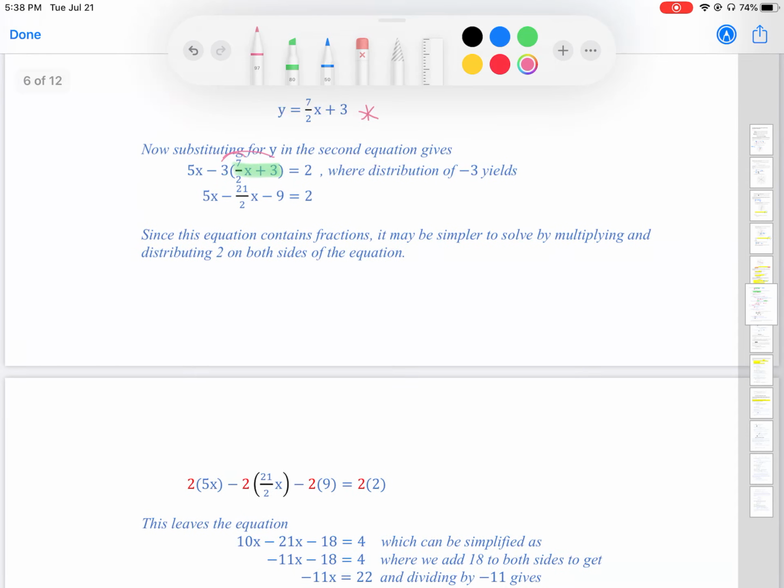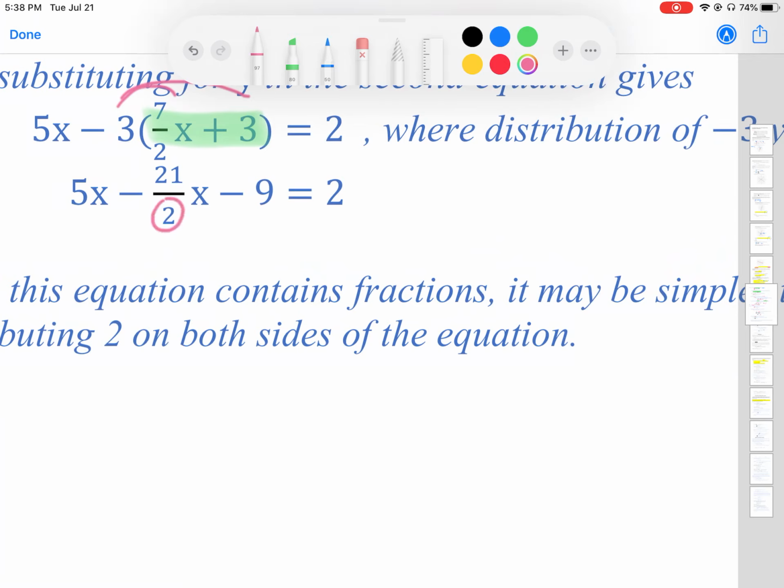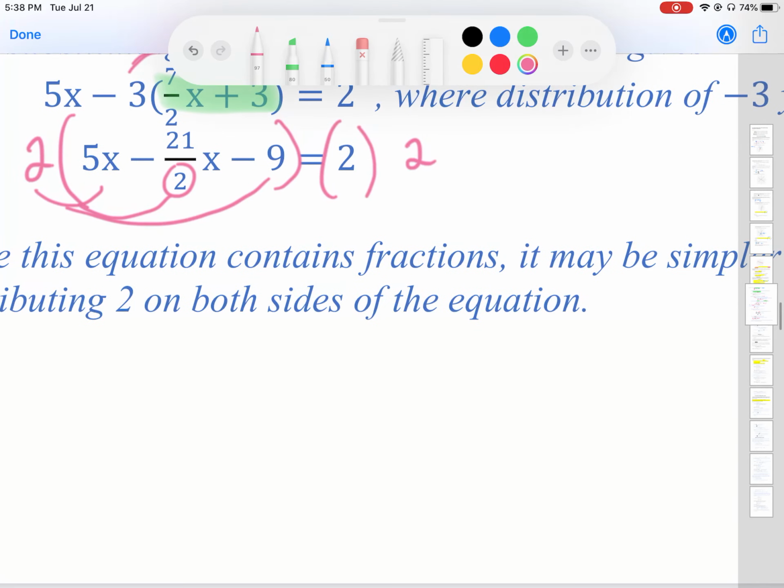Since we have that 2 as a denominator, multiply both sides of your equation by your greatest common denominator. So multiply both sides by 2 and distribute that 2. So 2 times 5 is 10x. That 2 cancels out. We have 21x. 2 times 9 is 18 equals 4.